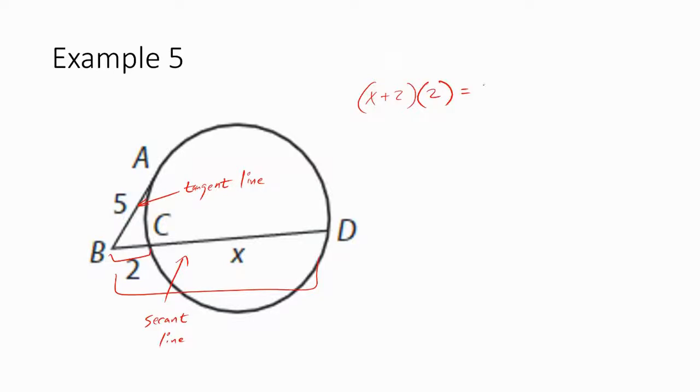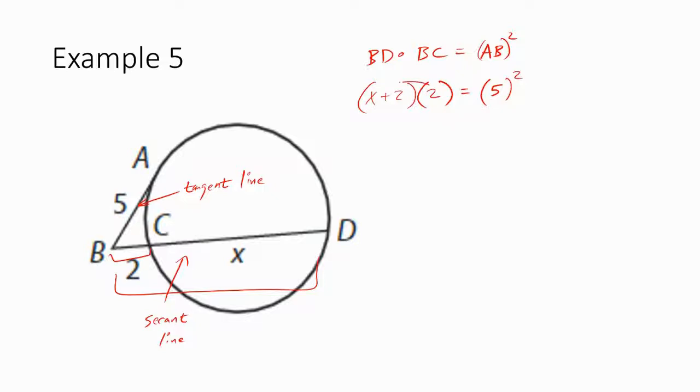And it should equal the tangent, which is AB, squared. So AB is 5, so squared. So again, BD is the whole secant line. The external is BC. And again, it should equal AB, your tangent line, squared. All right. So BD is x plus 2, BC is 2, AB is 5.